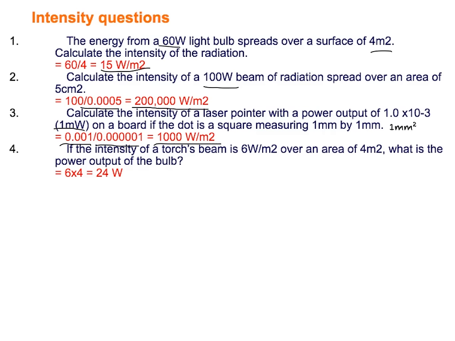And finally, for question 4, we were given an intensity of 6 watts per meter squared over an area of 4 meters squared. So we needed to rearrange the equation to power equals intensity times area, giving us a power of 24 watts.